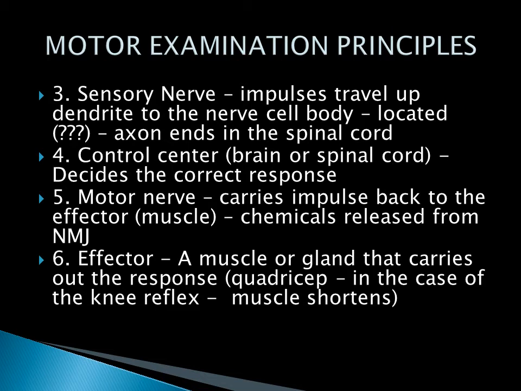So the signal arrives to the spinal cord, and the sensory neuron enters the spinal cord through the dorsal root and makes a synapse monosynaptically with the motor neuron. The motor neuron cell body is located in the ventral part of the gray matter of the spinal cord.